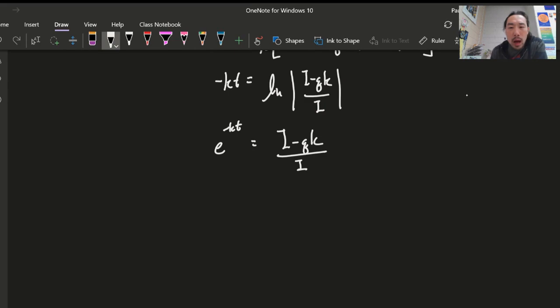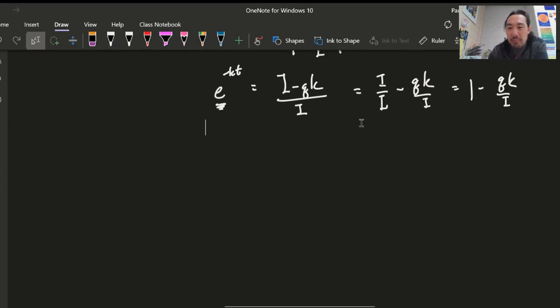All right, so this here, I want to reduce this as much as possible for future sake. And so we get I divided by I minus qk divided by I, and this just turns into 1 minus qk divided by I, and all that is equal to e to the negative kt power.